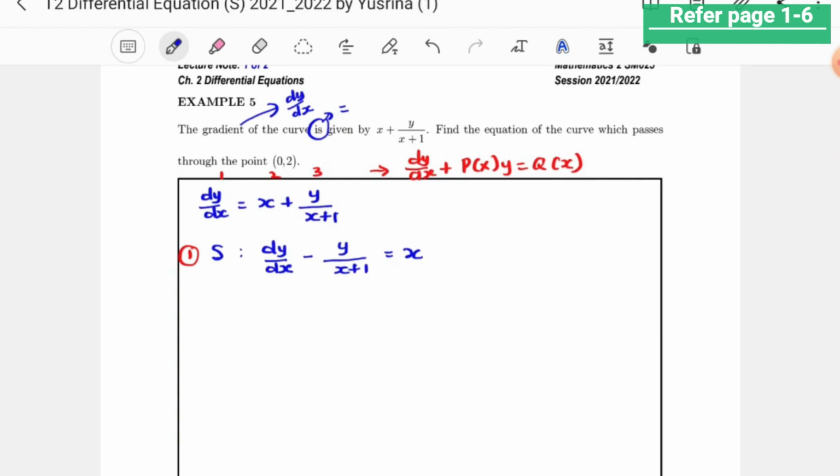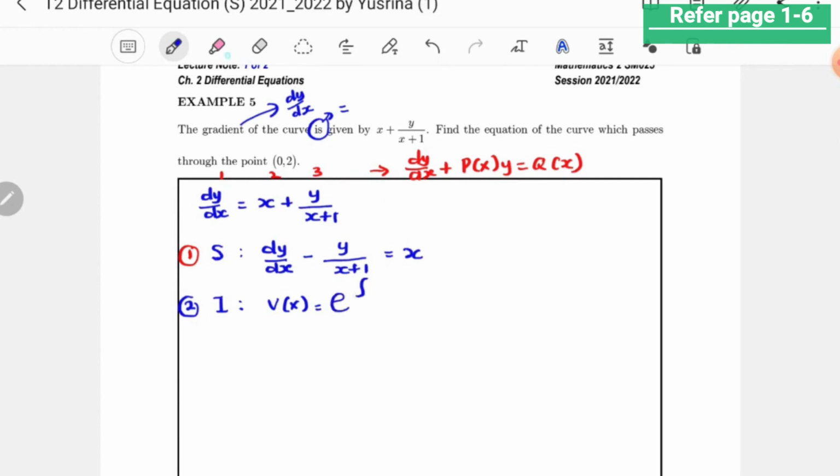And then the second step is I, the integrating factor. We have V(x) equals exponent of the integral of P(x).